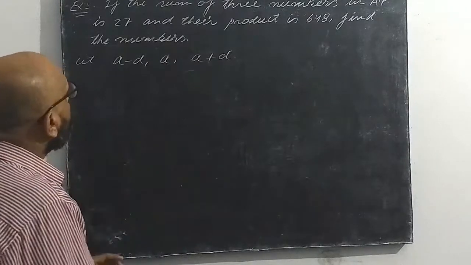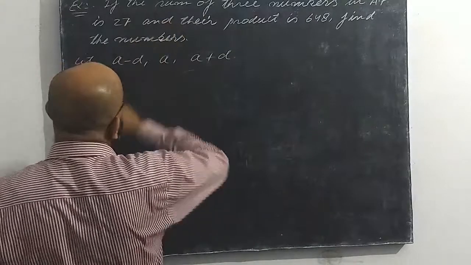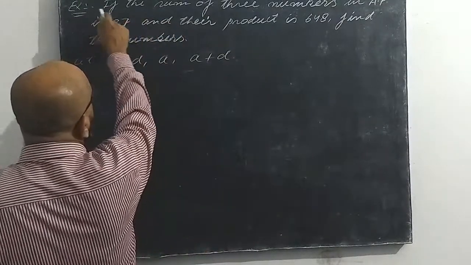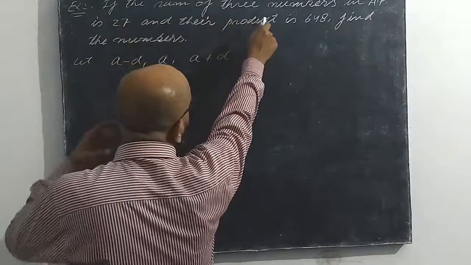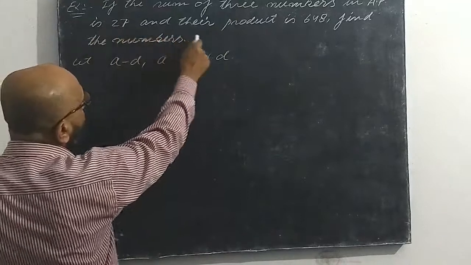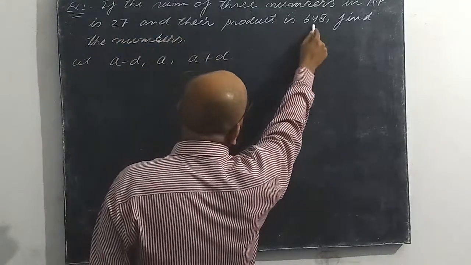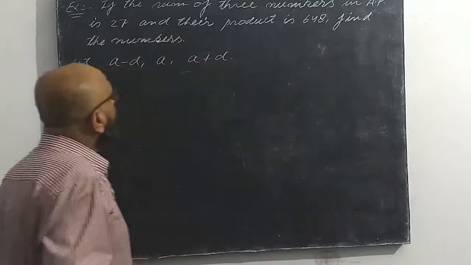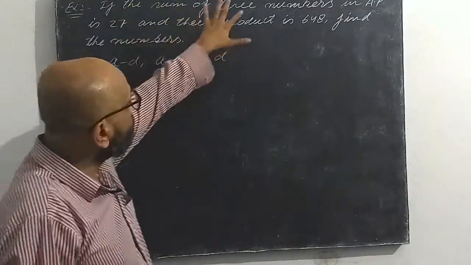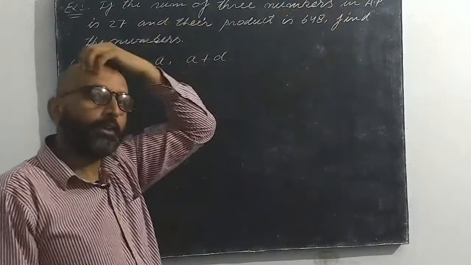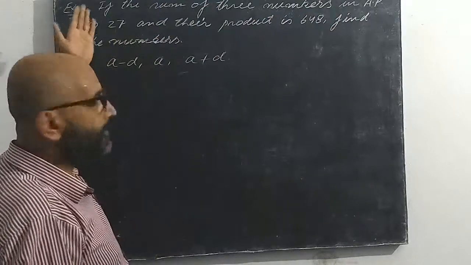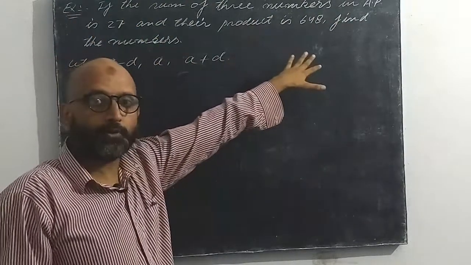So in this type of question, as I have taken this example: if the sum of 3 numbers in AP is 27 and their product is 648, find the numbers. So see, only 3 numbers in AP are discussed and 2 conditions are given. One is the sum of the 3 numbers and the other is the product of the 3 numbers.